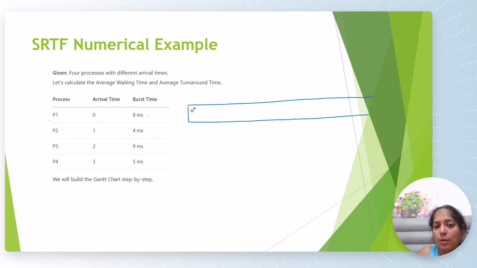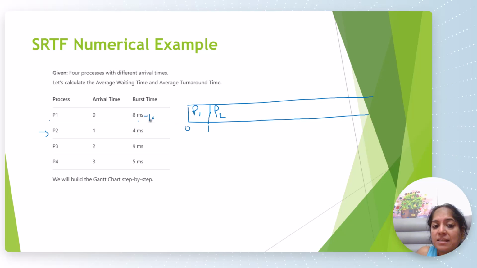But after 1 millisecond, process P2 enters the ready queue, and the burst time of P2, which is 4, is smaller than the burst time of 8. So after 1 millisecond, P1 will be preempted and P2 will be loaded. P2 will be executed by the CPU.